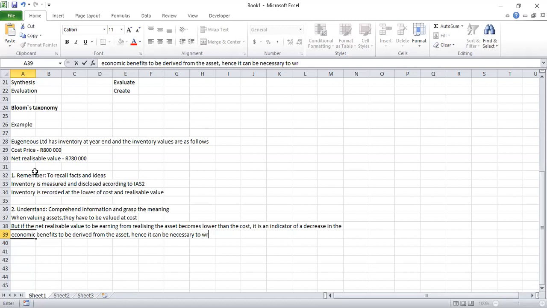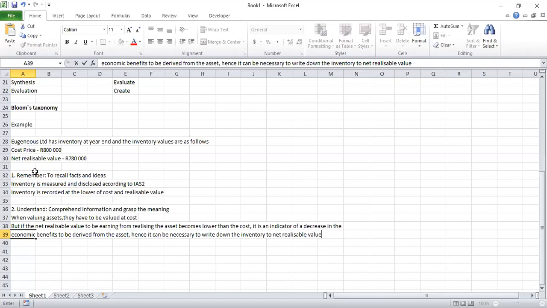So you're understanding the concept now. Net realizable value. If I've got inventory in my books which I bought for 100, but now I can only sell it at 80, does it make sense for me to continuously record that inventory at 100?